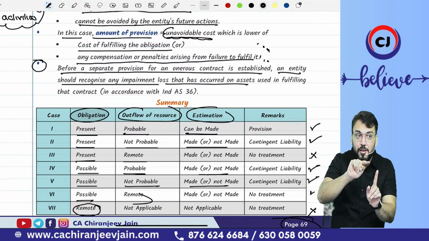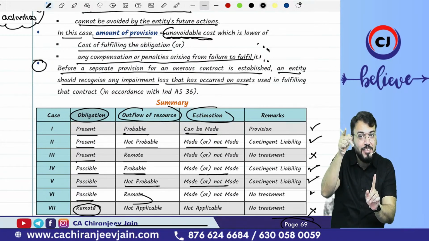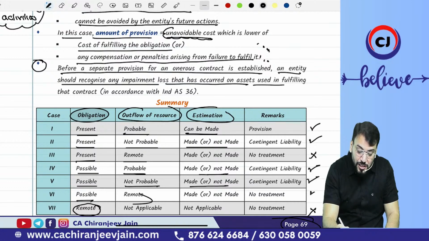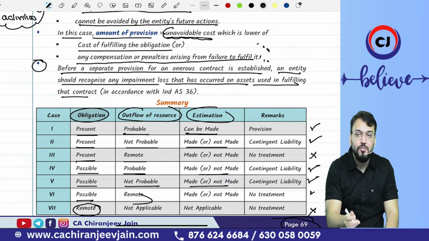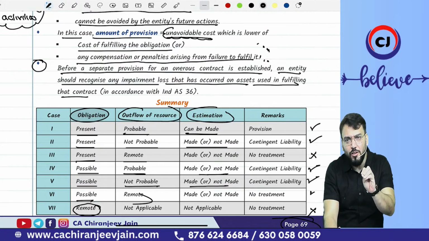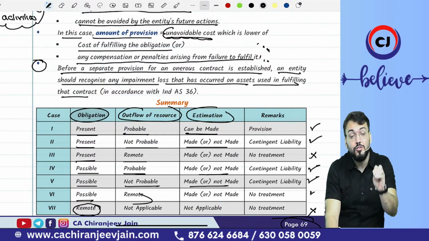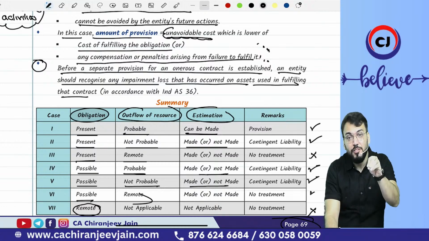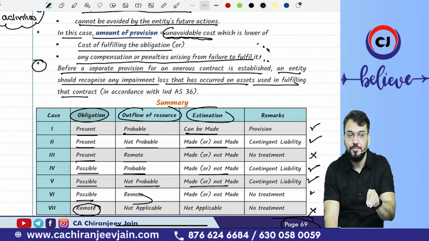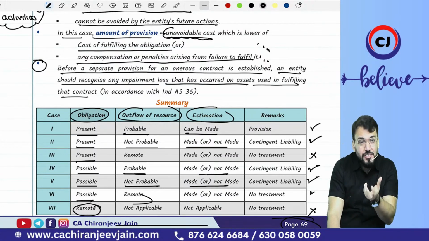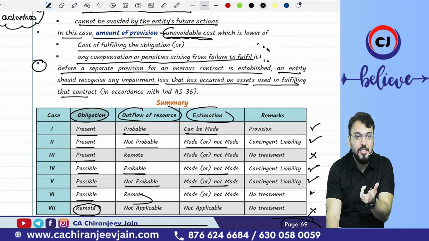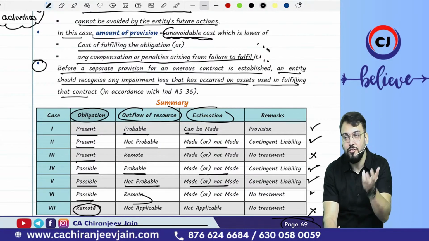You remember impairment loss is a decline in the value of an asset. If the contract becomes onerous, first you should recognize any impairment loss for those assets which have been used on that contract. After that, for the balance amount, a provision for the onerous contract should be created.